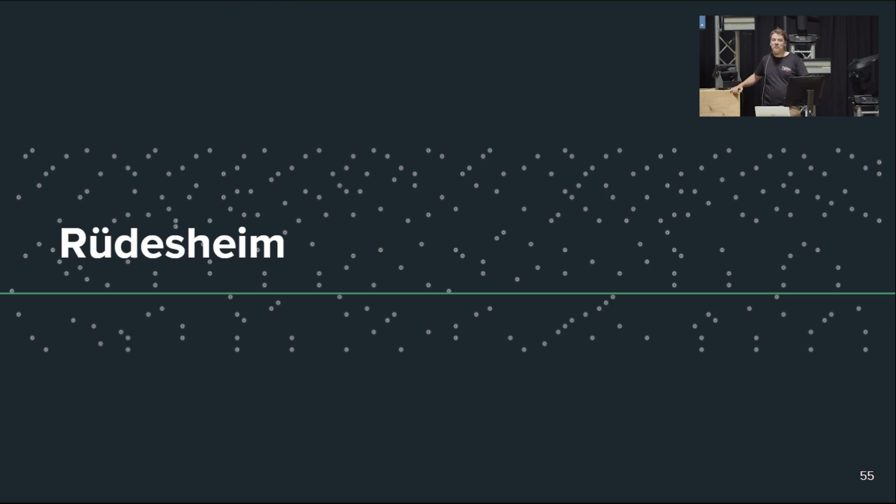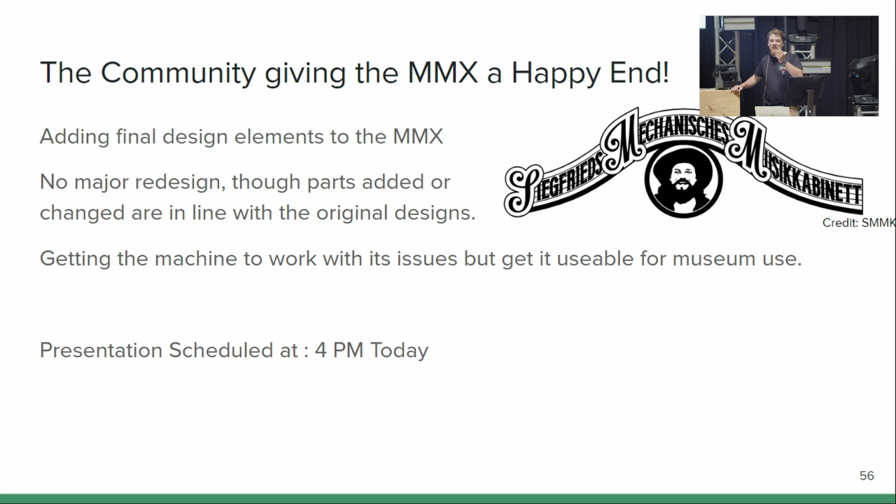So that leads us to right here, right now. We do have the CAD team still working with the people who are working on the machine. Their talk is scheduled for 4 p.m. today. We'll see when that actually arrives, because that was scheduled 25 minutes before I got on here.